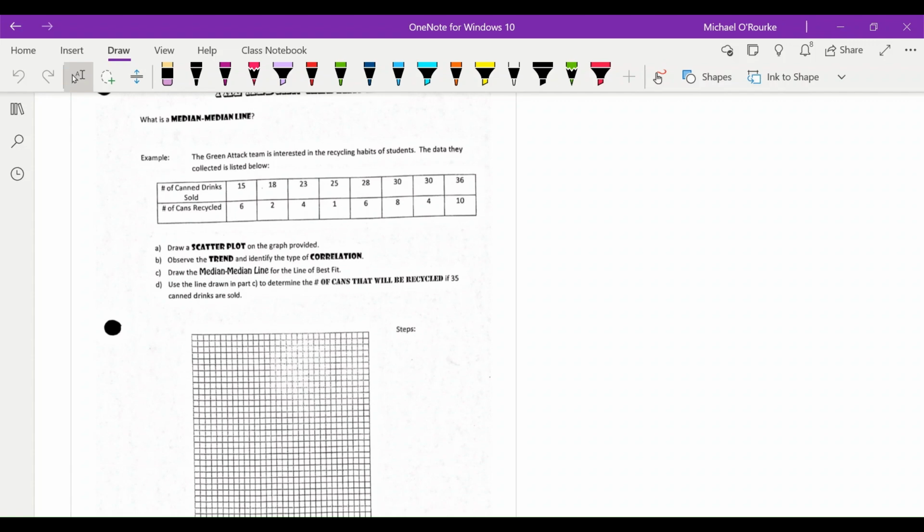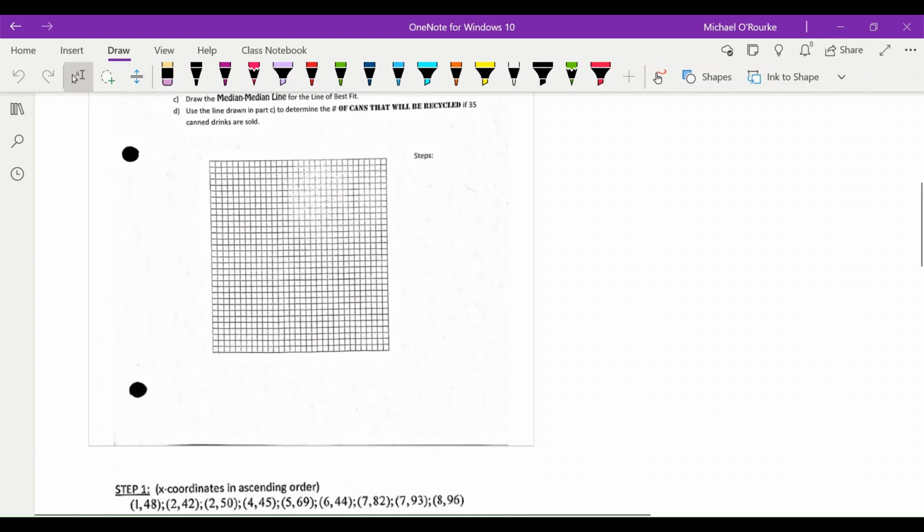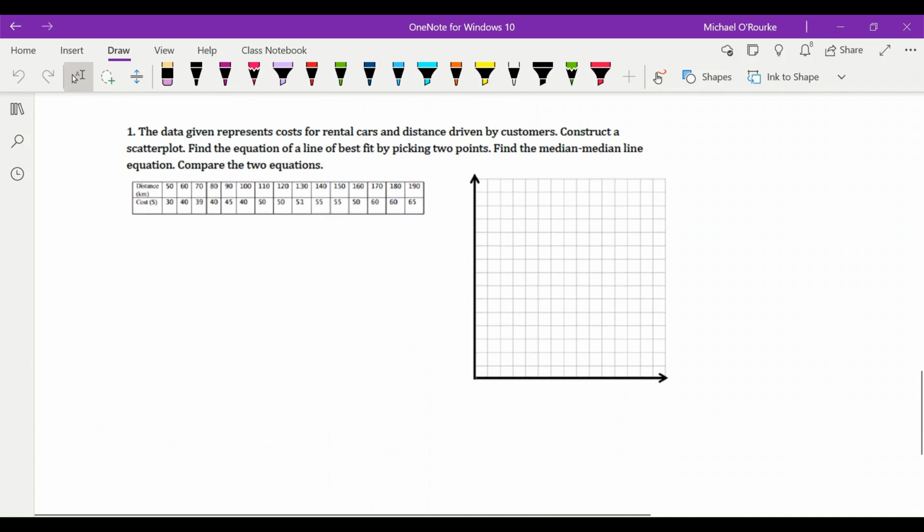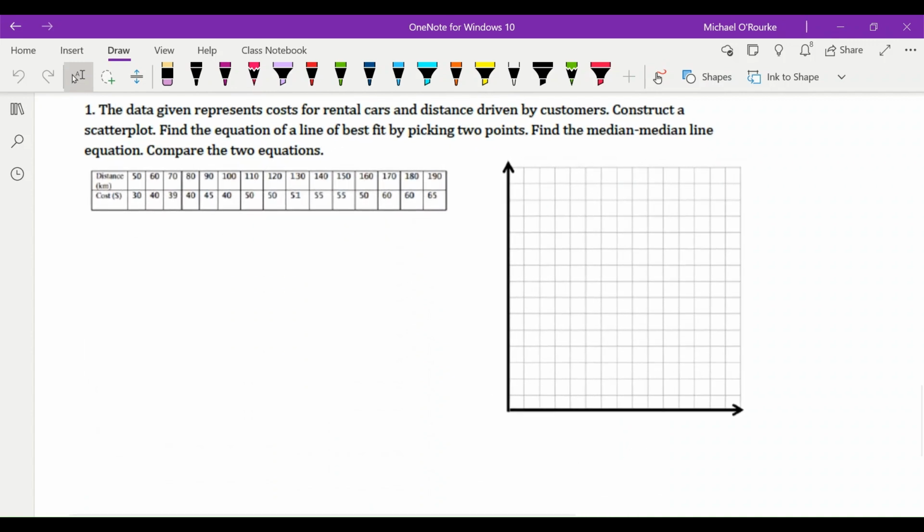Okay, and what a median line does is, I have a better chart here. What a median line does is it takes the effect of the outlier away and gives you a more true line of best fit. Okay, so that's what we're doing here.